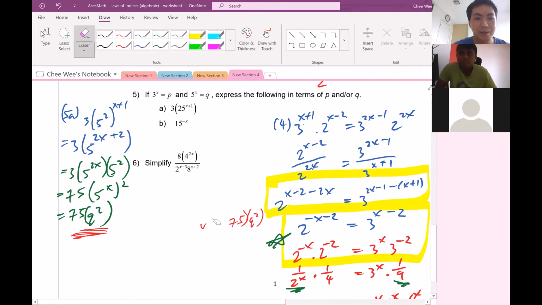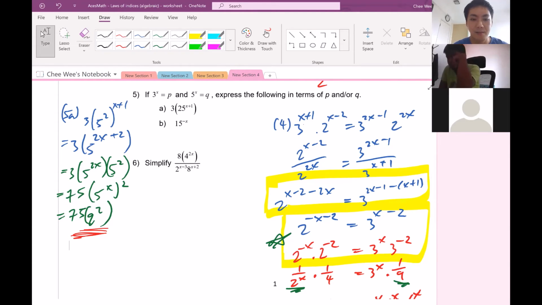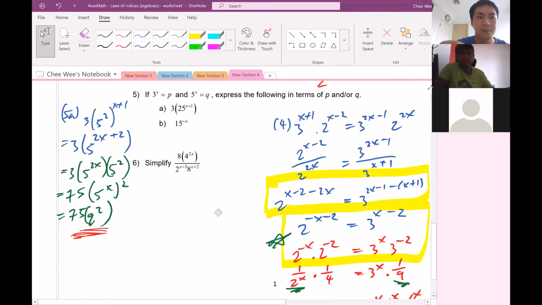Okay, Natalie, you can try 5B. For 15, change it to 3 to the power of.